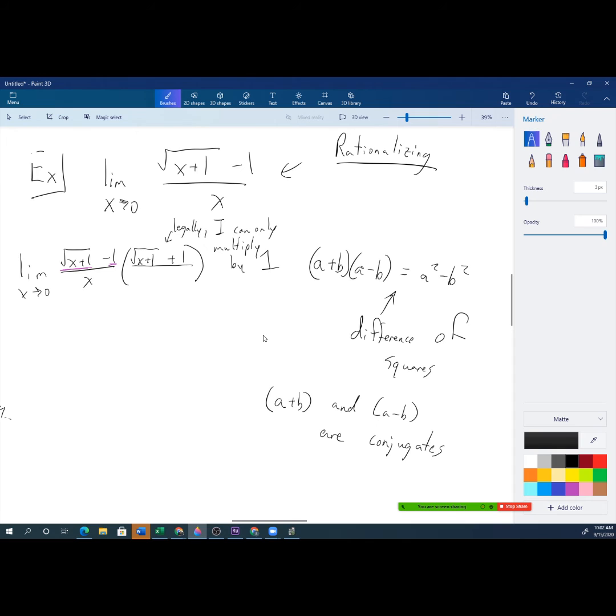So when I choose to multiply by the square root of x plus 1 plus 1, legally I have to put the same thing down below so that I'm not altering my original values of my problem. It's very, very common. We're actually going to use this trick. I can't even begin to tell you how many times this year we're going to use this trick of multiplying by 1 to change what the problem looks like without actually changing the value.